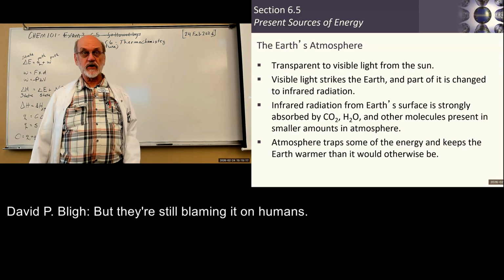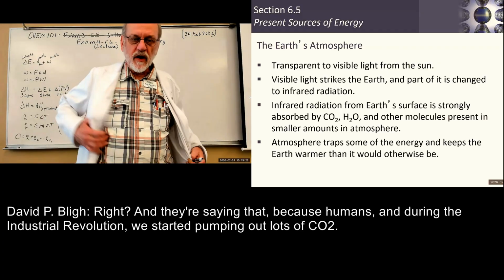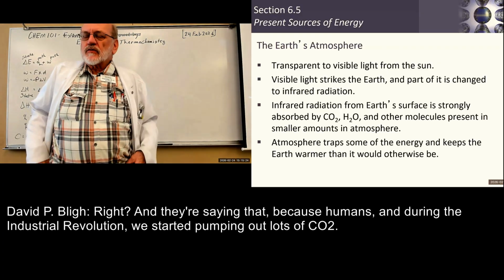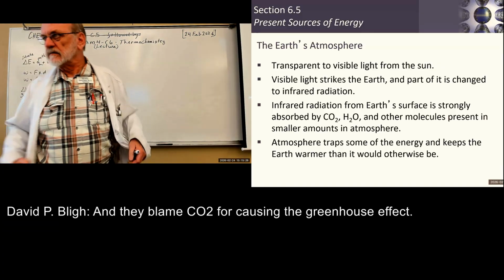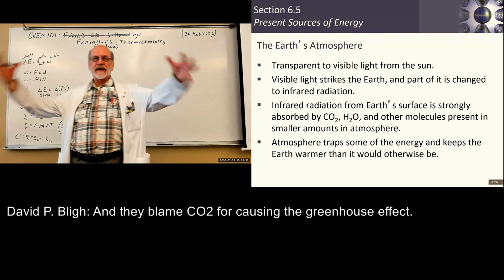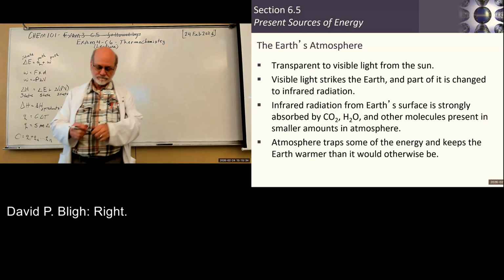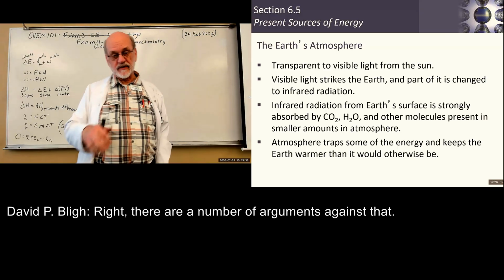But they're still blaming it on humans, right? And they're saying that because humans, during the Industrial Revolution, we started pumping out lots of CO2, right? And they blame CO2 for causing the greenhouse effect, right? Right, there are a number of arguments against that.